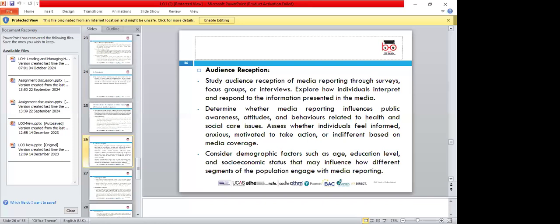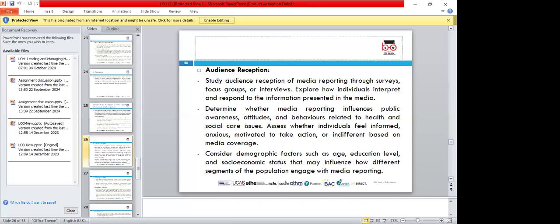Of course, you will feel informed, you will feel anxious when there are so many issues concerning healthcare, and maybe a lot of Black people are affected. They're going to be worried. You begin to worry, 100%. Very, very important.